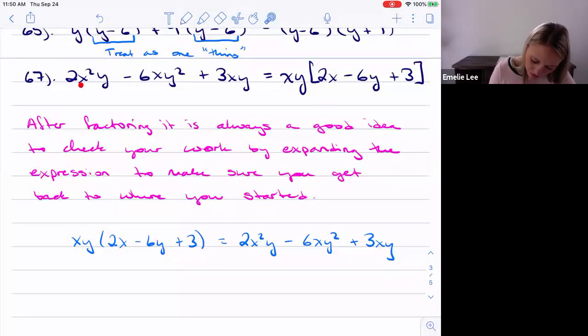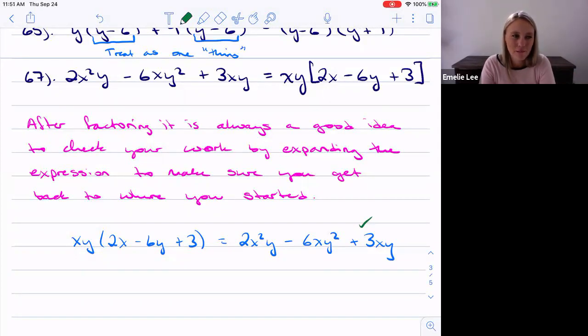Now I'm comparing where I started to this, and they should be the same: 2x squared y minus 6xy squared plus 3xy. Good, which means my factoring was good. So that's just a quick double check that you can do after factoring, to make sure that you kept your values all the same. You didn't alter them.